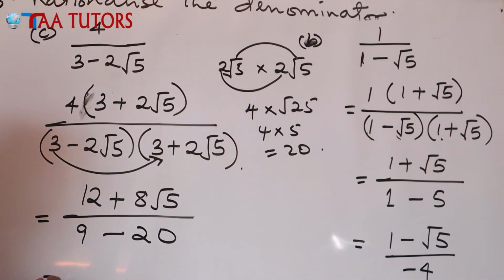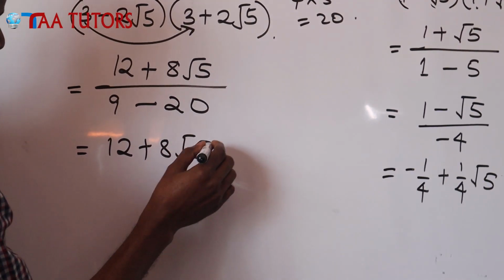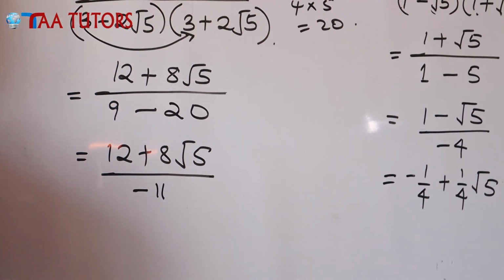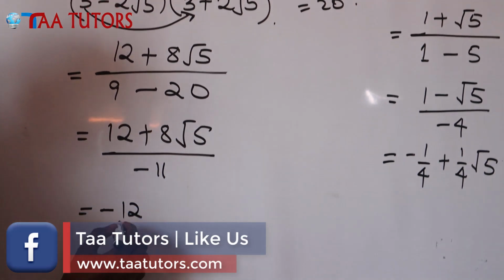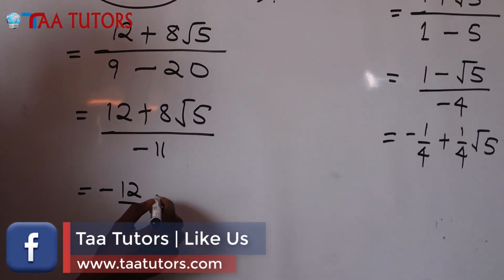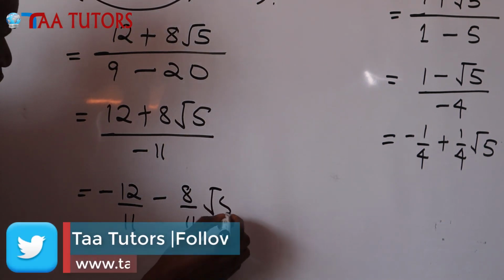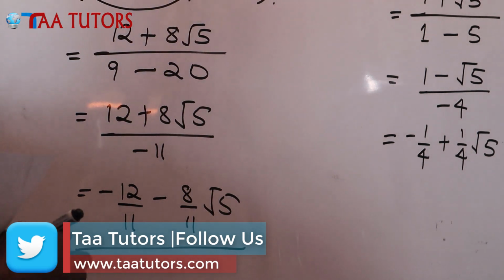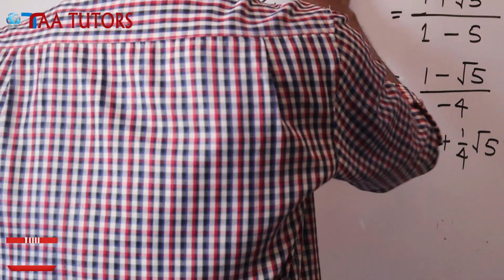So if you have this one, you'll get 12 plus 8 surd 5 divided by negative 11. So finally we'll say this is going to be negative 12 over 11 minus 8 over 11 surd 5, if the question was asking you to express your answer in the form a plus b surd c.